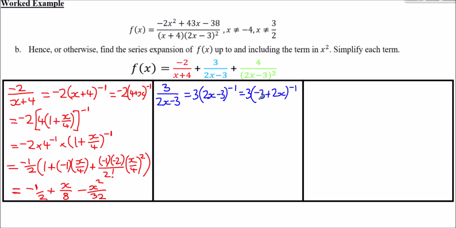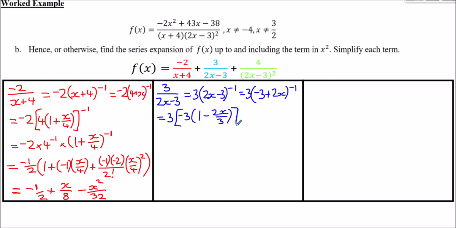Again, we need to factorise out this so that it starts with a positive 1. So I'm going to say it's 3. Factorise out this minus 3. Basically divide both these terms here by negative 3. Negative 3 divided by itself gives us the 1 we need. This divided by negative 3 gives us minus 2x over 3.